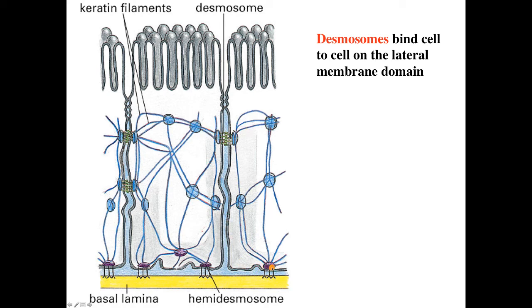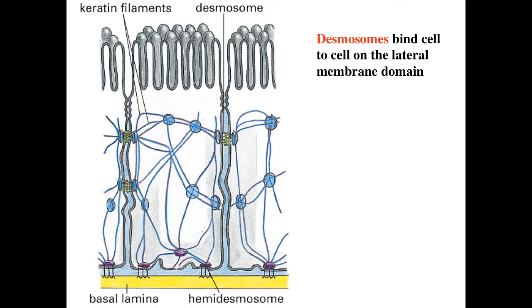Contrast that to the hemi-desmosome. It is a structure just on the basal domain of the cell, and it's binding onto extracellular matrix components in the basal lamina. So it's binding these basal lamina components through integral membrane proteins to cytoskeletal components in the cell.